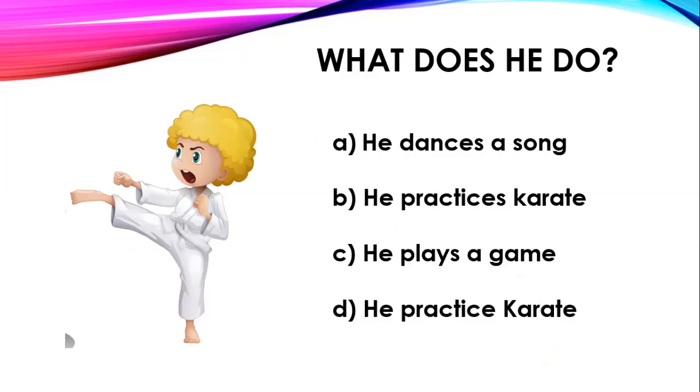Because letter B is the correct one. Why? Because we are talking about the third person singular, he. So the verb has to be with an S at the end. So he practices karate, not he practice. Okay, so letter B is the correct one.